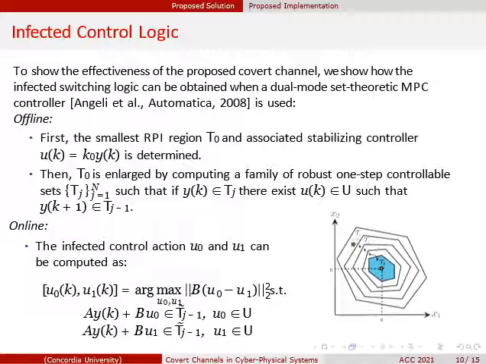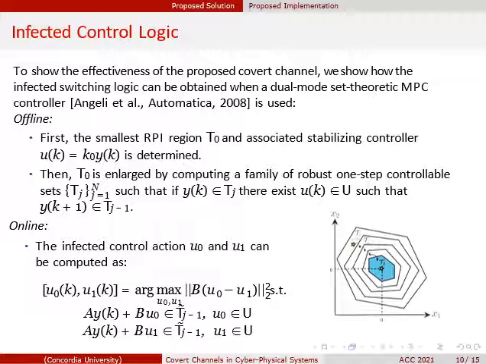To show the effectiveness of the proposed covert channel design, we show how an infected switching logic can be obtained when a dual-mode set-theoretic model predictive controller is used. First, in an offline phase, the smallest robust positively invariant region T0 and an associated stabilizing controller are determined.